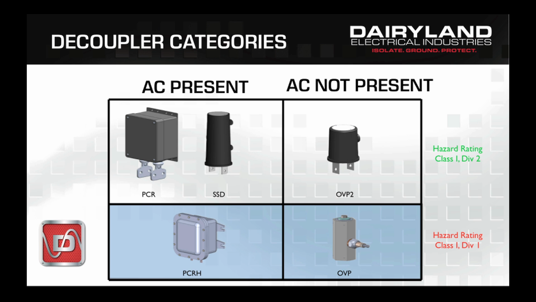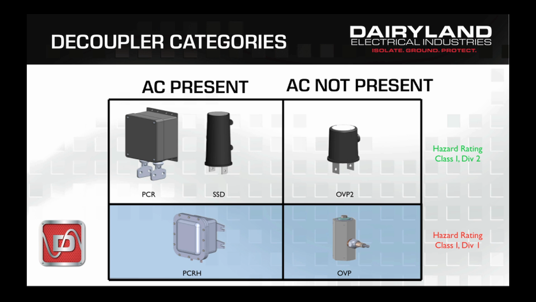In this matrix chart, I am showing the family of decouplers that DAIRYLAND builds. If you look along the top row, you can see the Class 1 Division 2 rated products offered by DAIRYLAND.